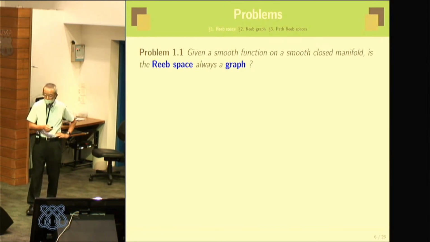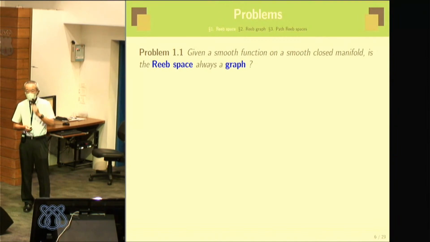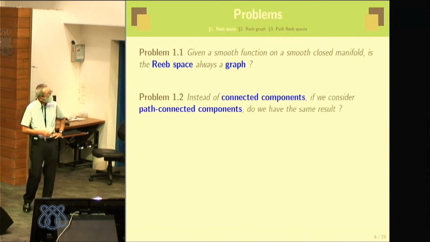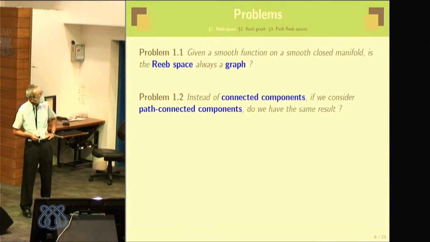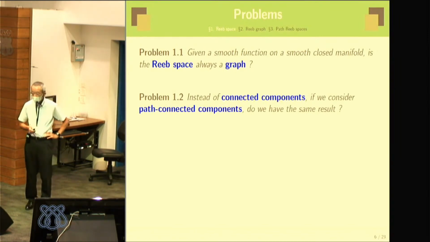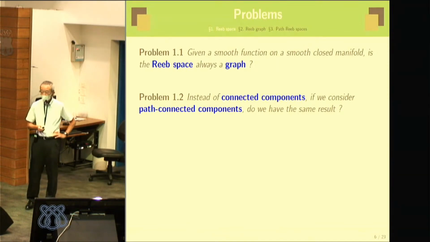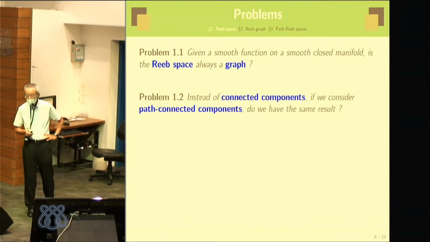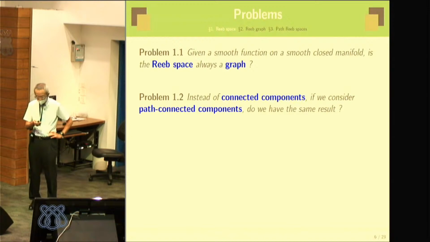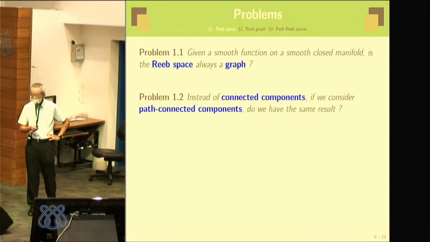Okay. And also, I was asked by Dominique if you work with path connected components instead of connected components, then we have the same result or not. And in this talk, I would like to consider these 2 problems.